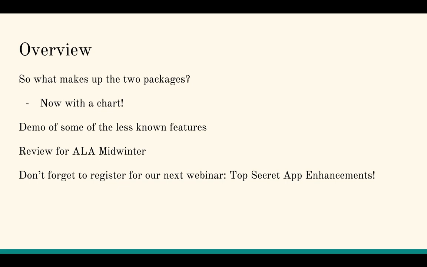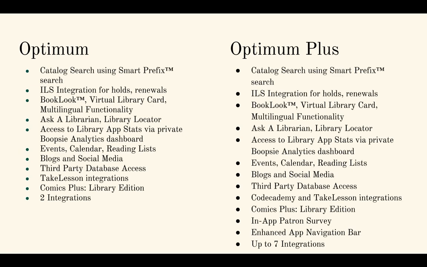So anyway, we're going to take a quick dive into the Optimum and the Optimum Plus feature sets. Awesome. All right, so here is a lot of text in a little small area that shows what's available in the Optimum and then what's available in the Optimum Plus feature set. This is what's actually included in the contract specifically.